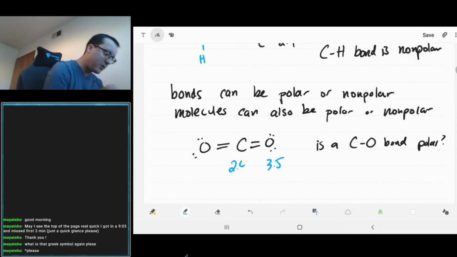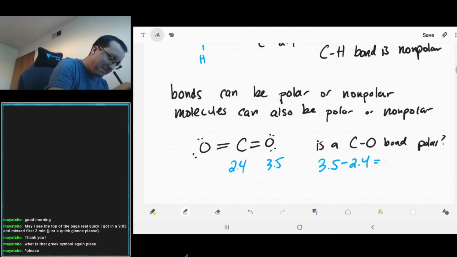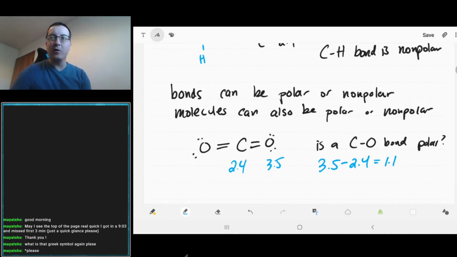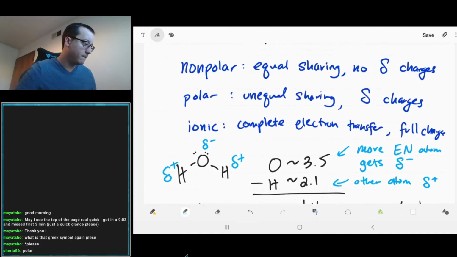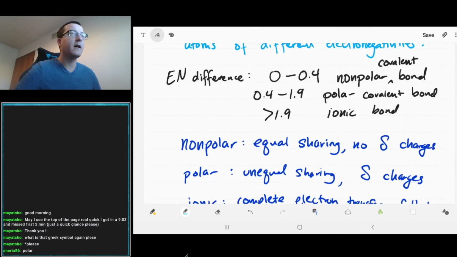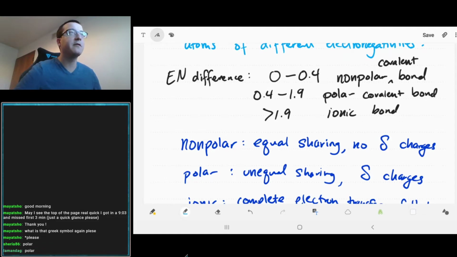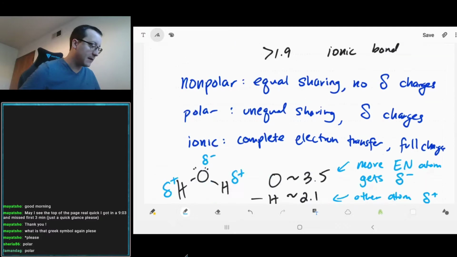Carbon is 2.4. What do we think? Is this going to be a polar bond or a non-polar bond? Or ionic, I guess. What do we think? Yeah, for sure. It's smack dab again in the middle of that polar range. So we're going to see that this will be a polar bond.